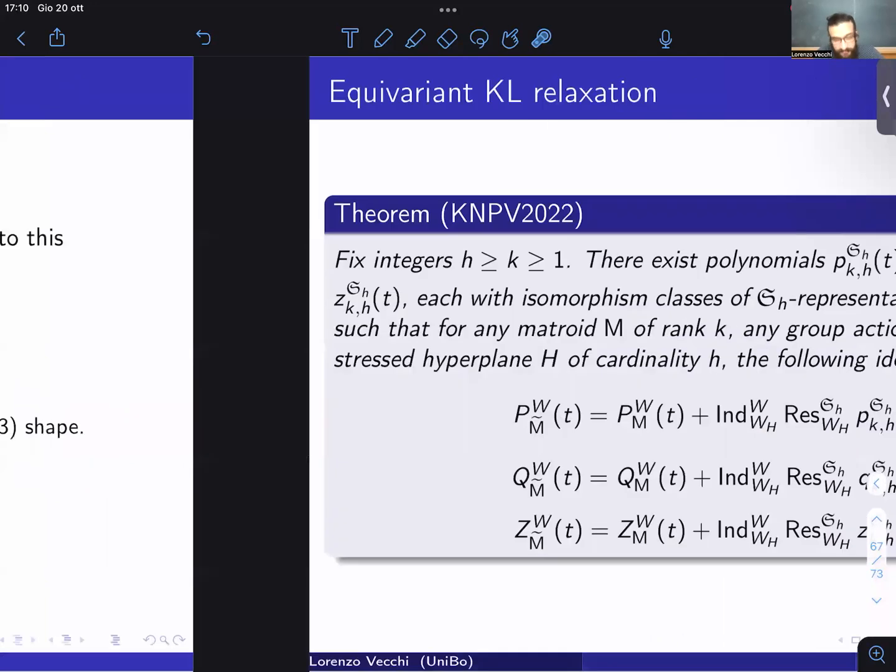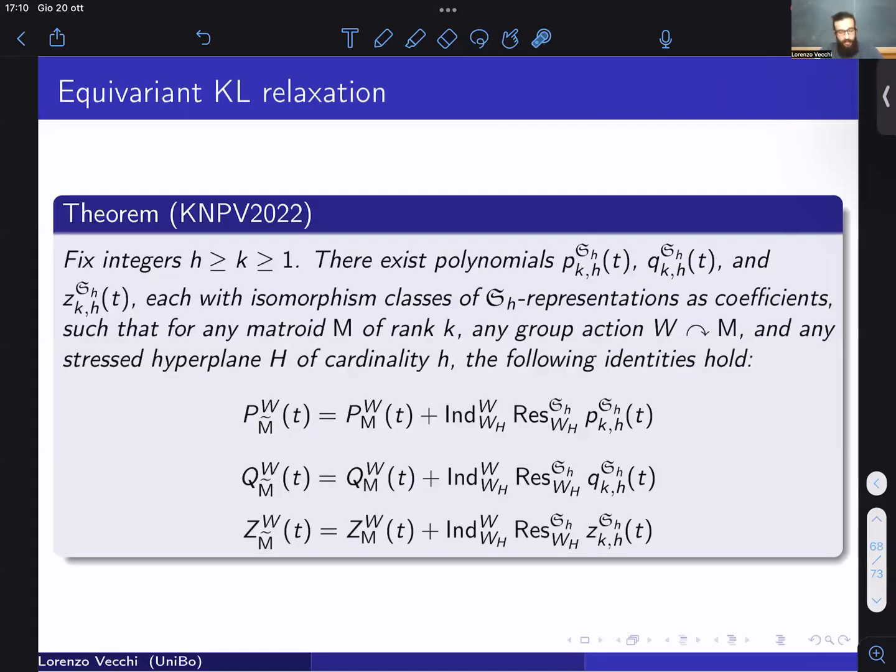So what happens for the relaxation? In the second work I was referring to, the one with Trevor, George, and Nick, we find out that the relaxation works well in the equivariant case as well. So again, we can start with an equivariant Kazhdan-Lusztig polynomial. We can perform a relaxation.